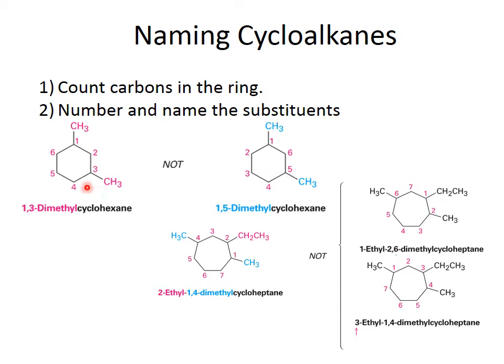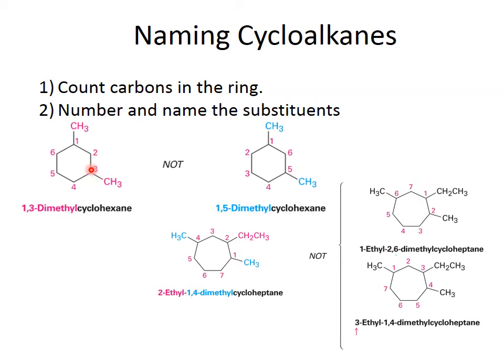What we always do is we pick a carbon to be our number 1 carbon. The number 1 carbon can be anywhere in the ring. Notice down here, it's over here on the right, over here on the left. It's not always at the top of the ring. We just happen to have drawn it that way here.